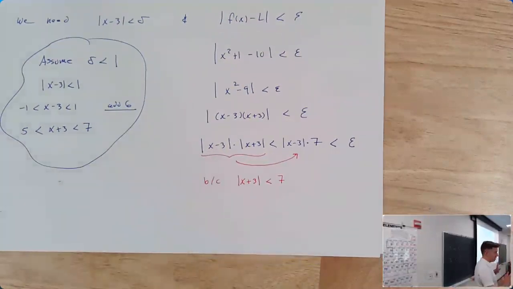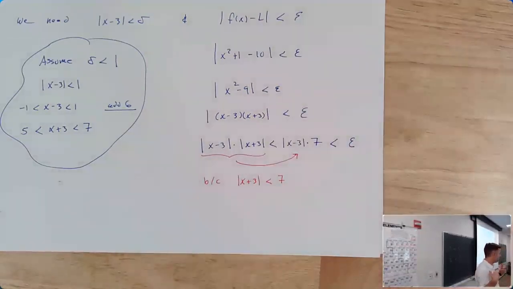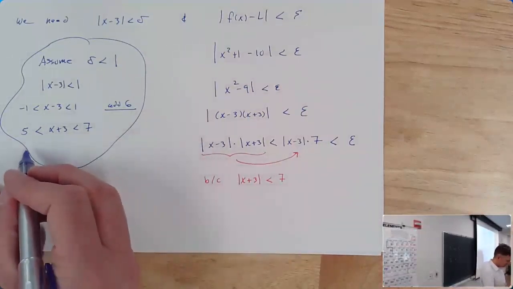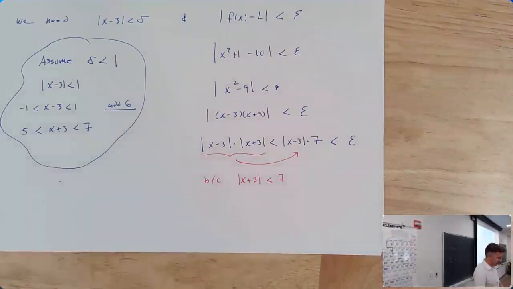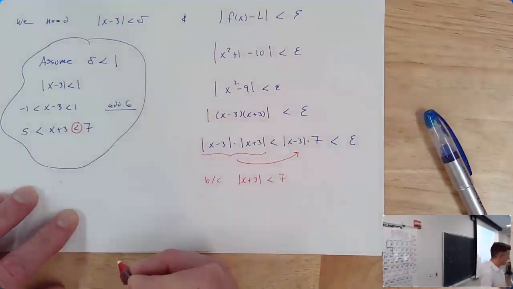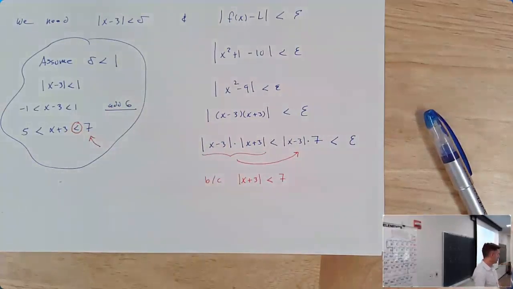As a counterpoint, if we had 1 over x plus 3, then 1 over x plus 3 is smaller than 1 over 5, and bigger than 1 over 7. So we really care about the part that x plus 3 is less than. That's the direction of the inequality we care about, which is why this number is important.